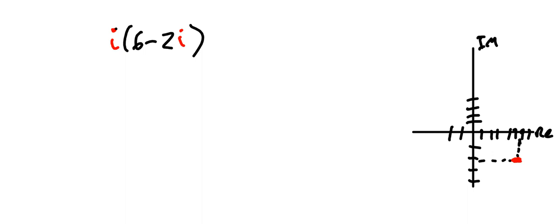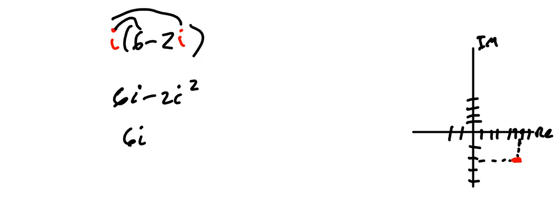Let's move those in. So 6i minus 2i squared. Well, i squared is -1, and -2 times -1 is +2. So let's switch this order around. The result is 2 plus 6i.